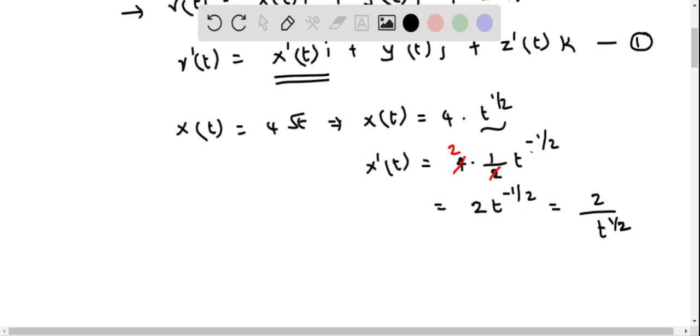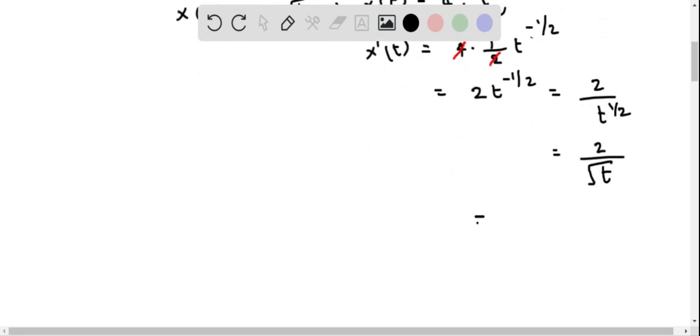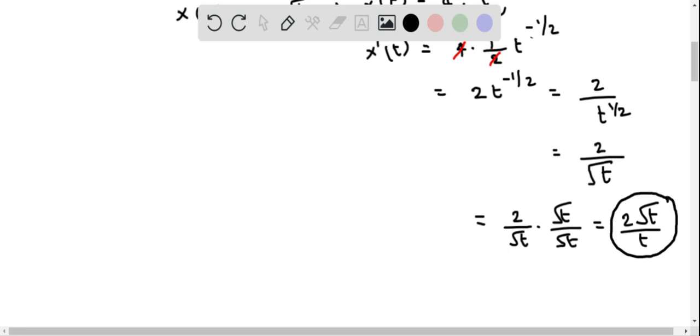And if we put this in radical form, this is equal to 2 by root t. We can in fact rationalize this by multiplying and dividing by root t. So this becomes 2 by root t times root t divided by root t. And so this gives 2 root t divided by t, since root t times root t is t. So this is x prime of t.